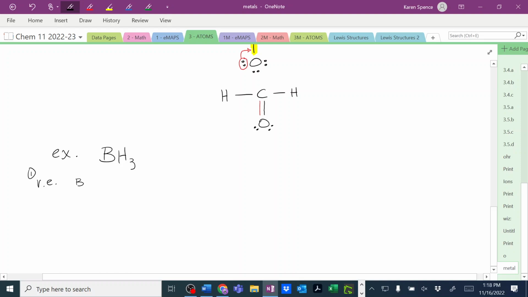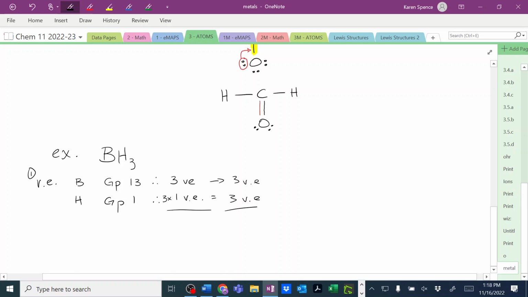Boron is in group 13. Therefore, it has 3 valence electrons. It is really easy. Hydrogen is in group 1. Therefore, it has 1 valence electron. So in total, there's 3 of them, so that is also 3 valence electrons.